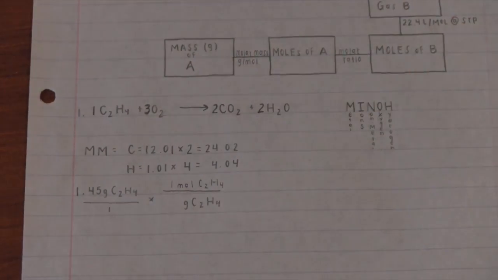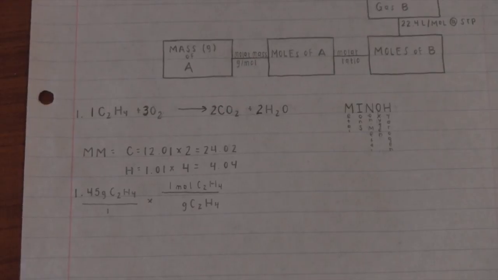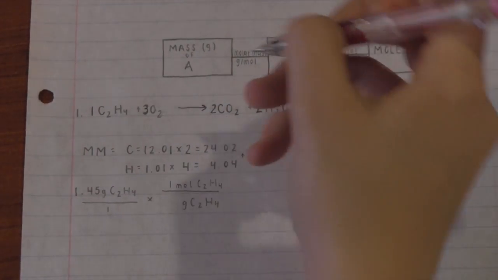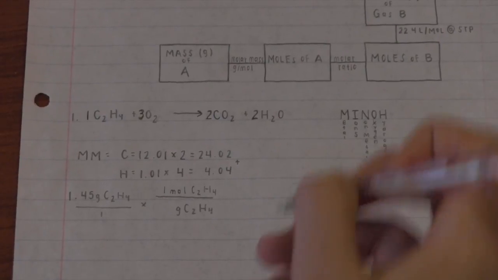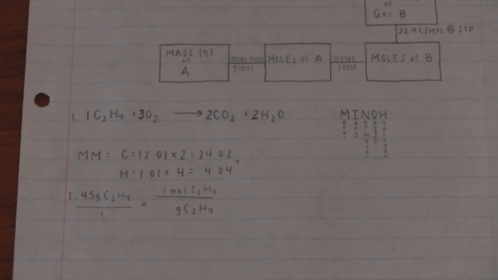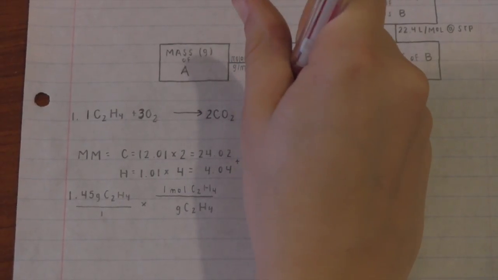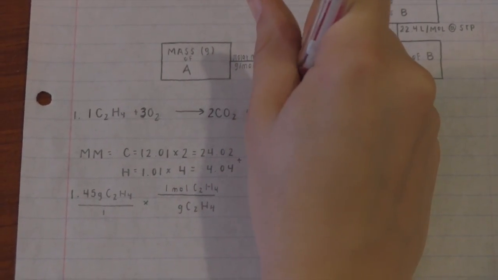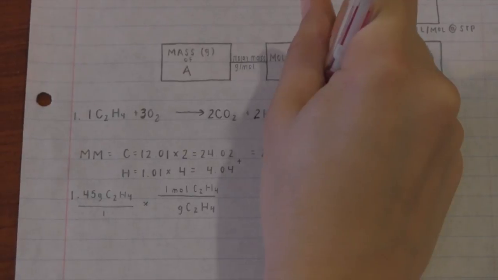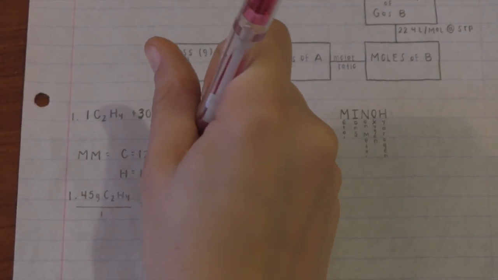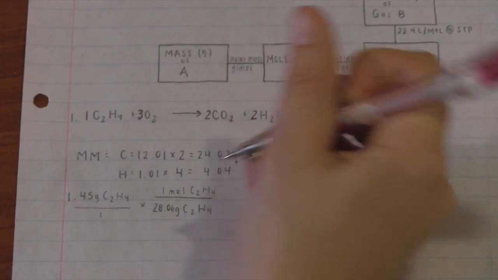Finally, to find the total molar mass of ethylene, or C2H4, you must add the individual masses of carbon and hydrogen, or 24.02 and 4.04. This then equals 28.06 grams, or your molar mass of C2H4.